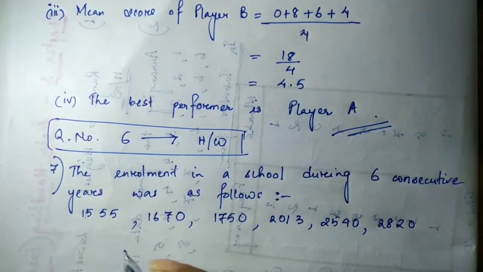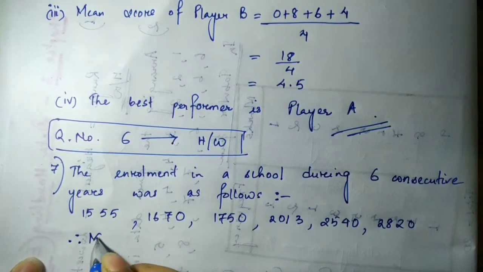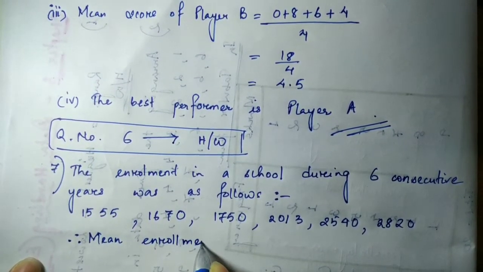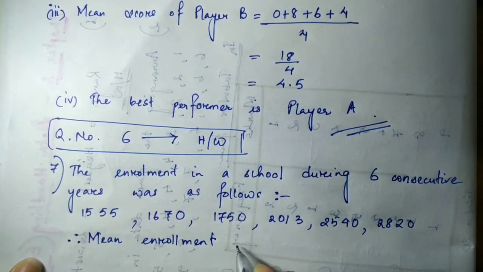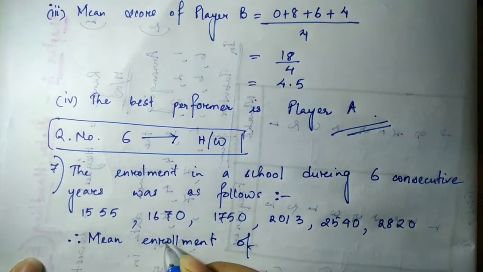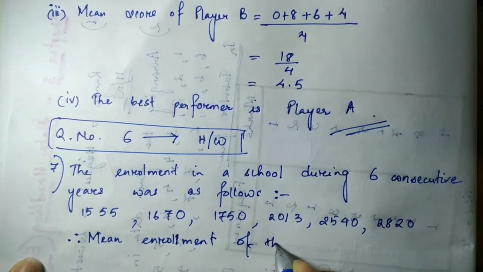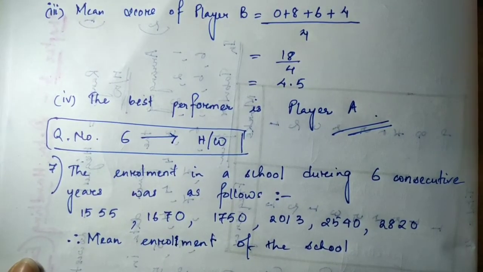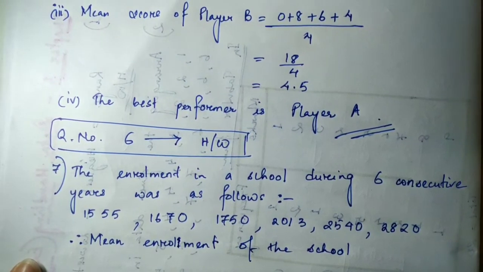So let's write down here. Therefore, mean enrollment of the school is equal to, what will you do? You will add all of them up first and divide.